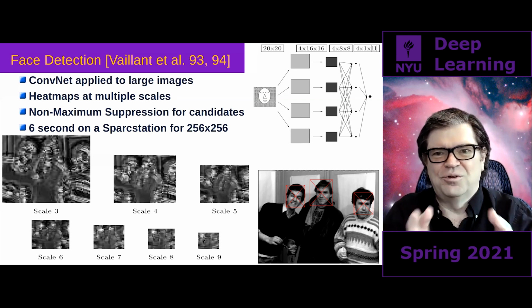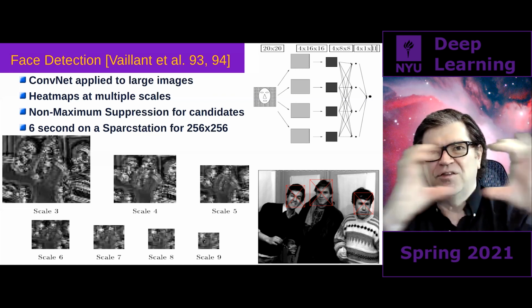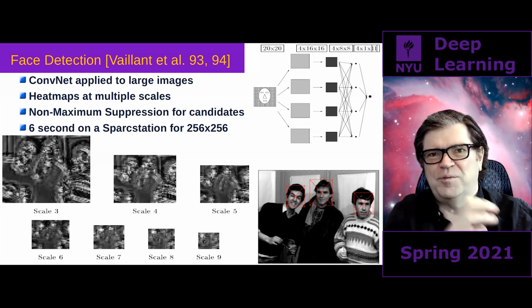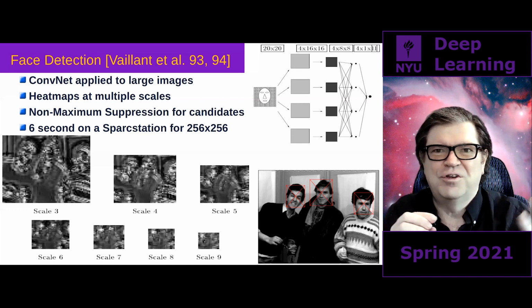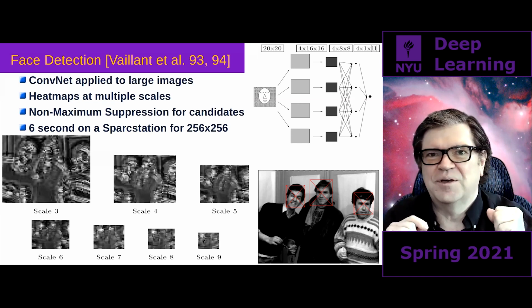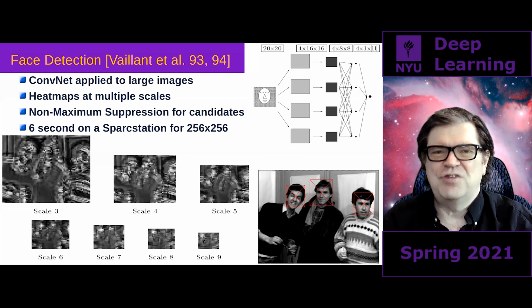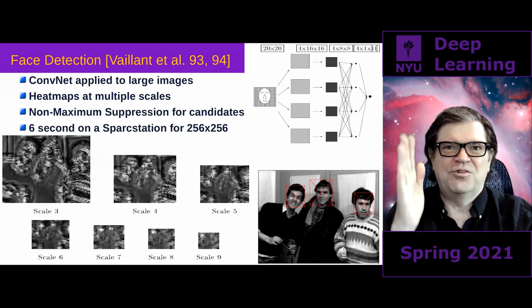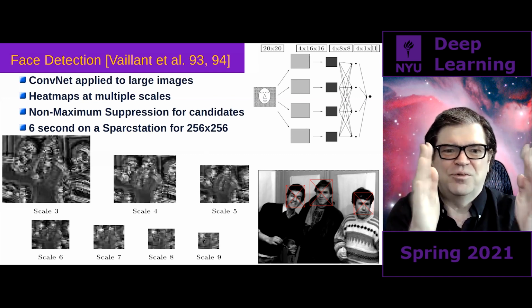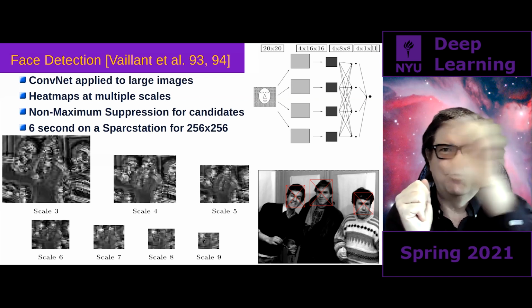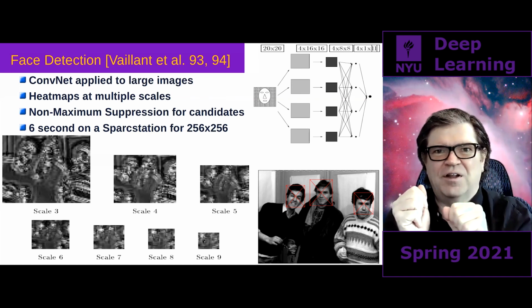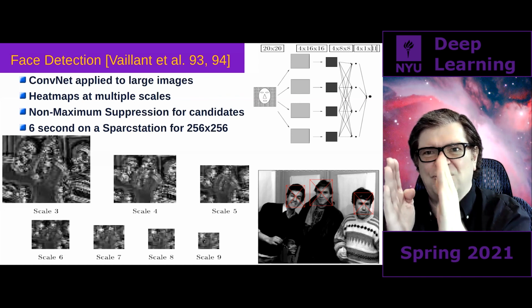Then to do face detection, you slide this convolutional net over an image, and whenever there's a face that is roughly 20 by 20 pixels, it's going to turn on. Now the problem is that faces can appear at different sizes. So you take your image, subsample it by some factor to another scale, and apply your network again at that new scale, and then do it again for even another scale.